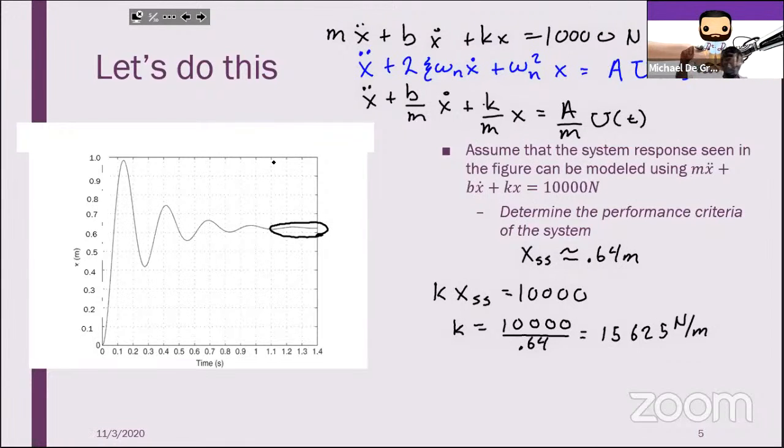There are another couple of things that we can pull off of this graph that are going to help us immensely, things that are really easy for us to pull off.